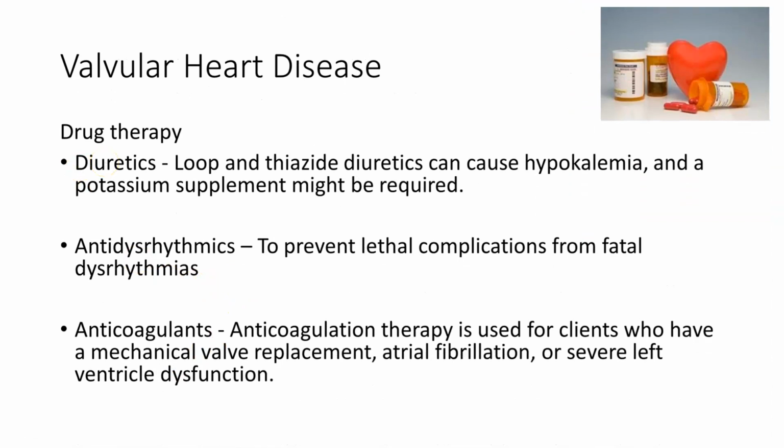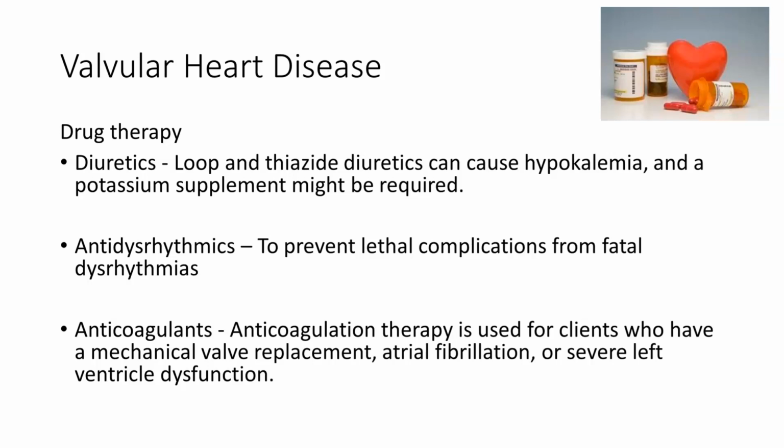If it's a volume issue, because fluid is going to back up, I have a stricture that's causing fluid not to be able to pump out. Fluid's going to back up. Well, the plasma portion of that is probably going to cause some edema, or it's going to cause pulmonary edema. So we would expect to use some sort of diuretic, hydrochlorothiazide, furosemide.